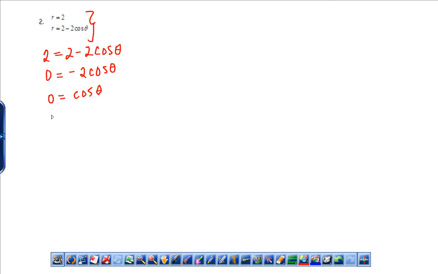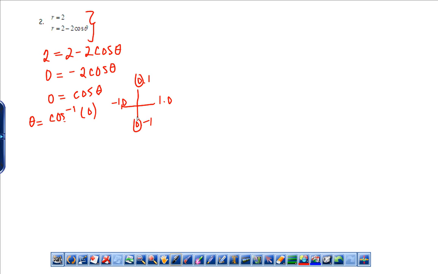And move the cosine over, so you get theta equals arc cosine of 0. So now if I draw my quadrants, I get 1, 0, 0, 1, negative 1, 0, and 0, negative 1. So cosine is 0 here and here.